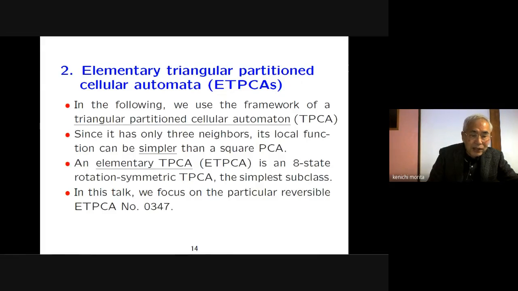An elementary TPCA, ETPCA in short, is an 8-state rotation symmetric TPCA, the simplest subclass. In this talk, we focus on the particular reversible ETPCA, number 0347. I will define it later.